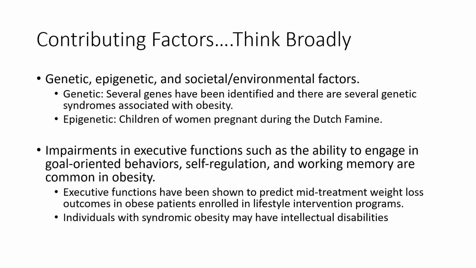Some genetic factors, right? There are several genes that have been identified as potential causes, and there are actually several genetic syndromes associated with obesity. Prader-Willi being a big one. The gene that gets probably the most attention is UCP1. I'll write that out here. UCP1 is expressed in brown adipose tissue, which is related to energy expenditure.